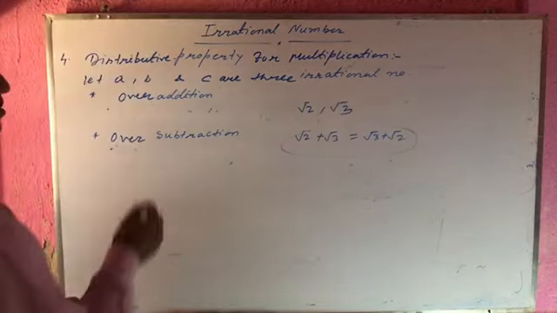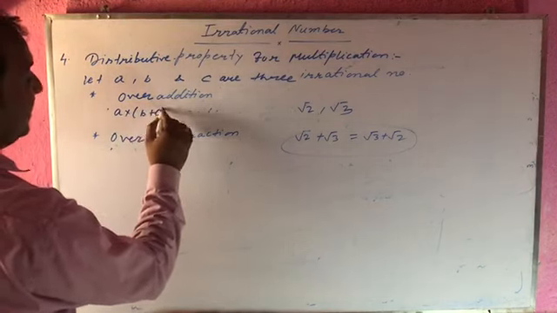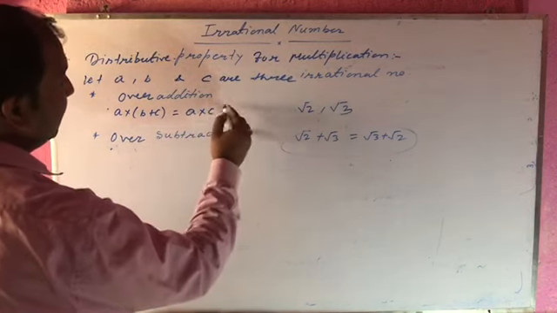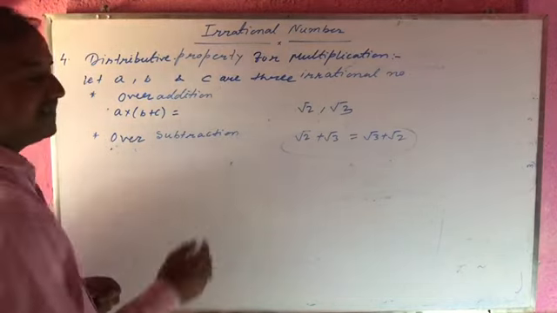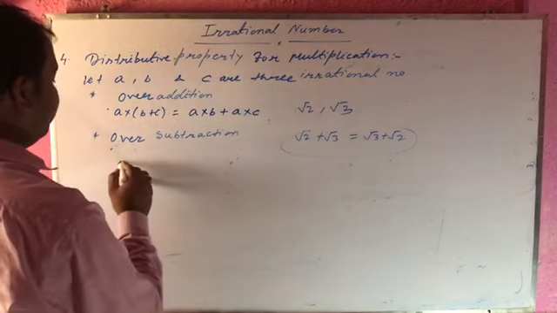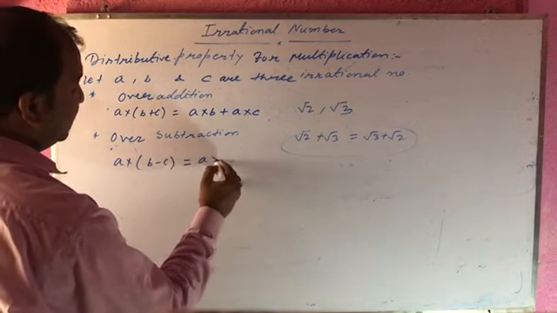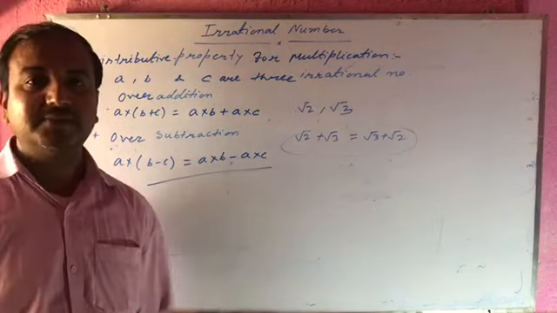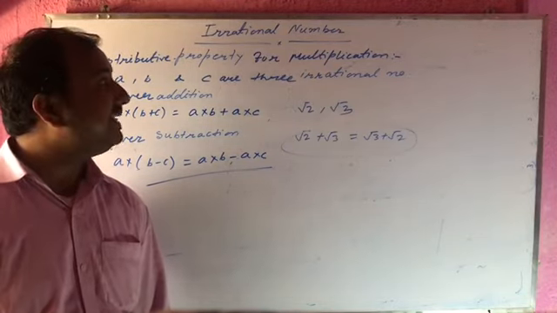For distributive over addition, A multiply B plus C becomes A multiply B plus A multiply C, and similarly A multiply B minus C becomes A multiply B minus A multiply C. Okay, these all are the properties for irrational numbers.